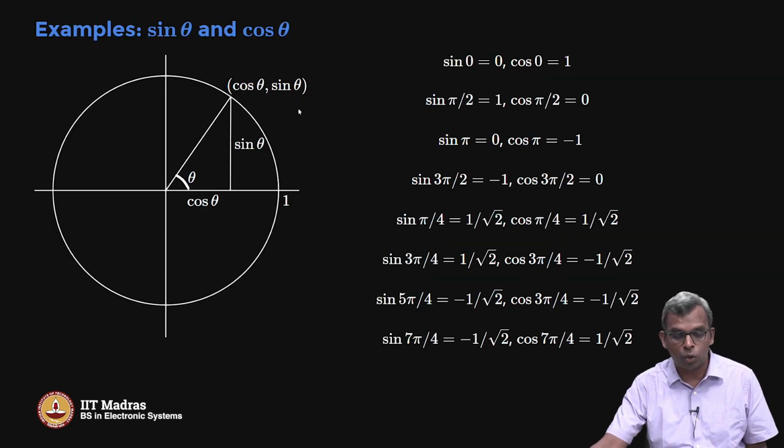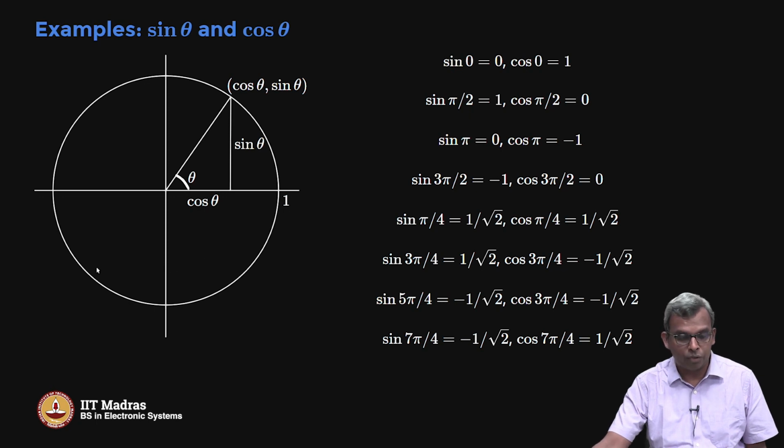So cos pi by 4, sin pi by 4 is 1 by root 2. Then once you have cos pi by 4, if I go to 3 pi by 4, it's on this side, you see it will be minus 1 by root 2 for cos and plus 1 by root 2 for sin. And if I go to 5 pi by 4, both sin and cos are minus 1 by root 2.